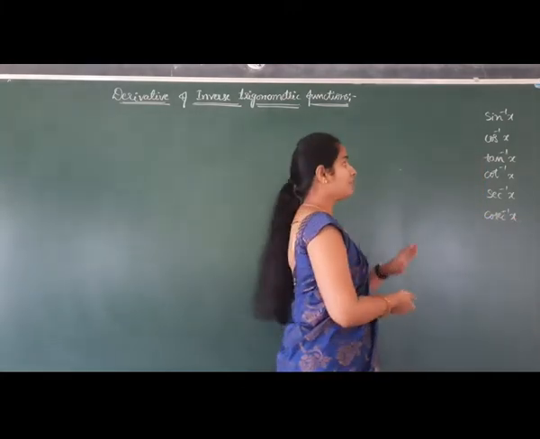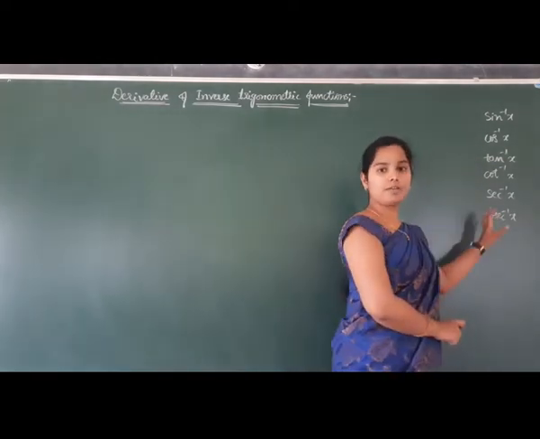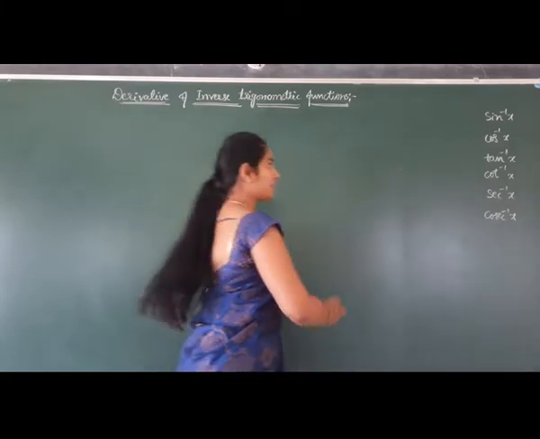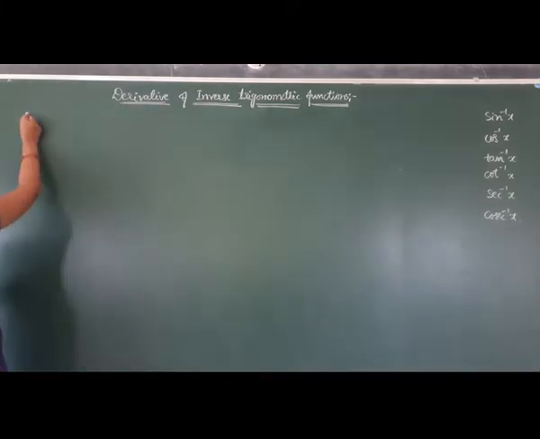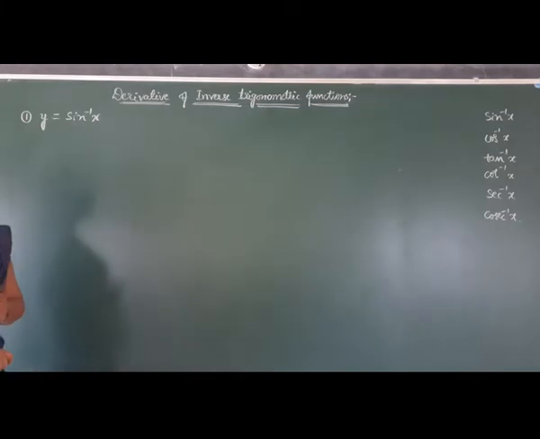So now we find the derivative of these trigonometric ratios one by one. Okay. So now we consider the first function, that is y is equal to sin inverse x.